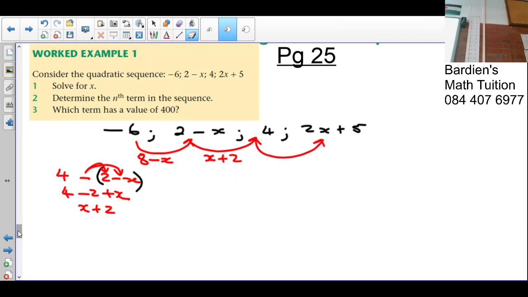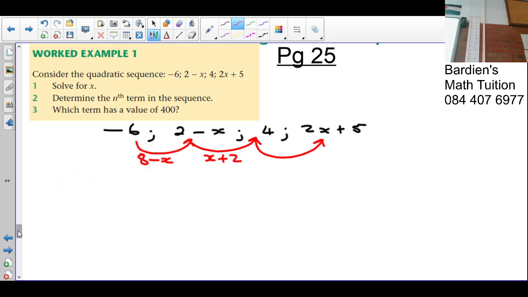The next one. It's going to be 2x plus 5 minus 4. Sure, you can do that in your head. It's really simple. It's going to be 2x plus 1. So is this the first difference or the second difference? It's the first difference. But what did they tell us?